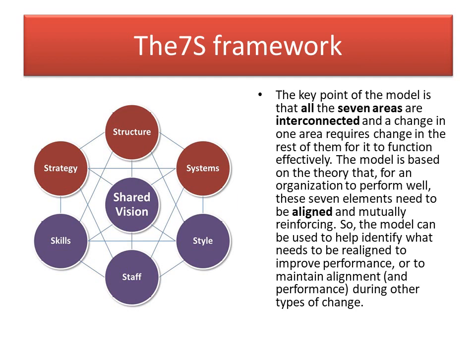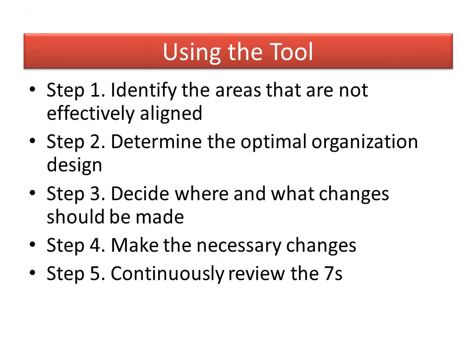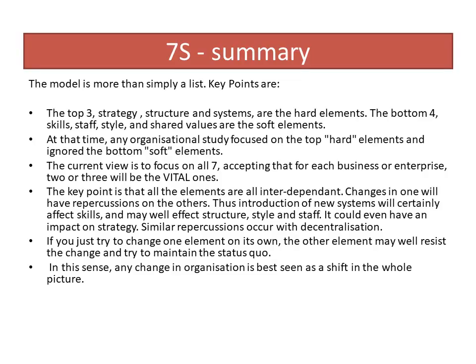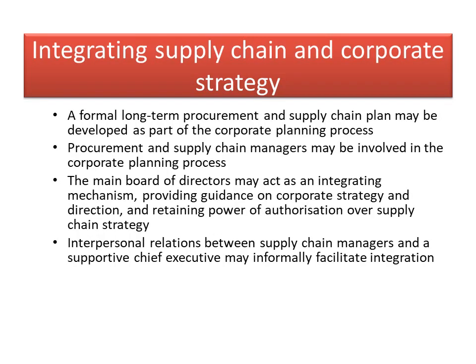Well, obviously Bovis need to realign some of these S's to match the new shared vision they're trying to do. So identify the areas that aren't aligned, determine the design of the organisation, decide what changes should be made, make the changes, review the S's. So it's a very good tool if the dreaded alignment question came up, and I would ask you to look at the full set of slides that has a little more detail in them.